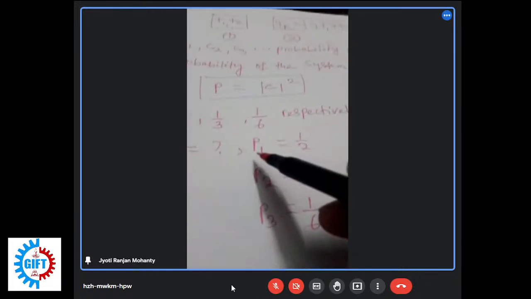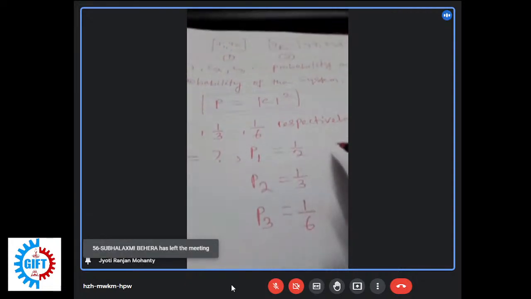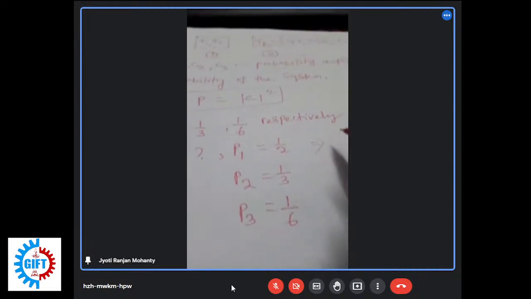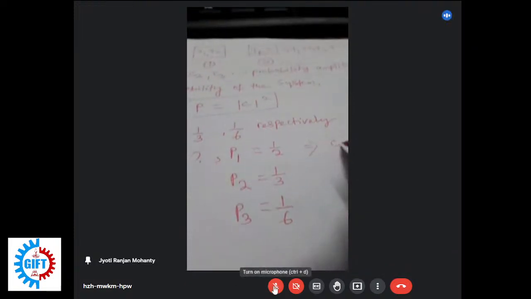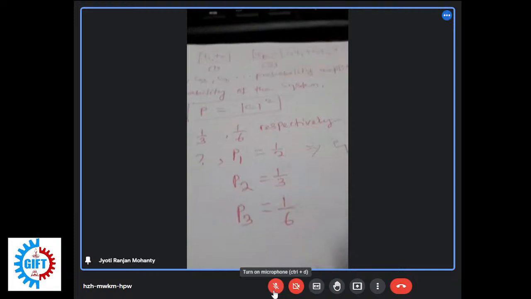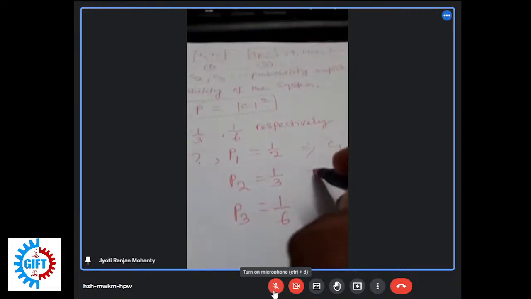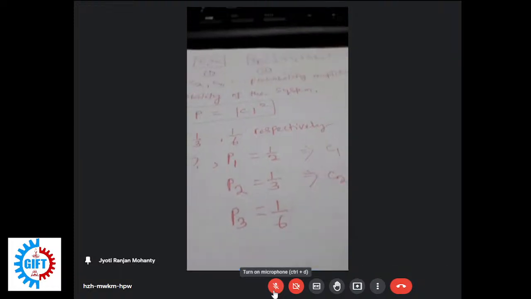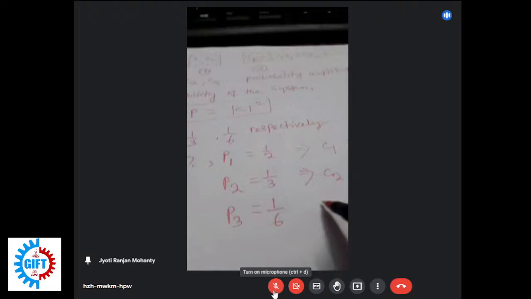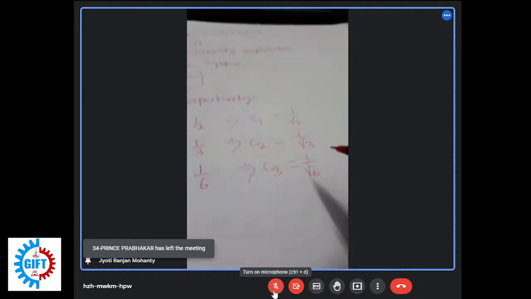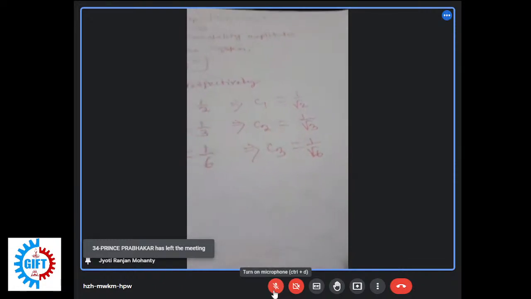If probability is given, how do you determine the amplitude? Square root of probability. Yes. So P1 is equal to 1 by 2, what will be C1? 1 by root 2. C2 is 1 by root 3. C3 will be 1 by root 6.